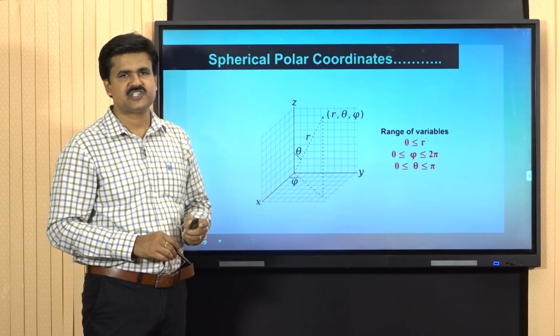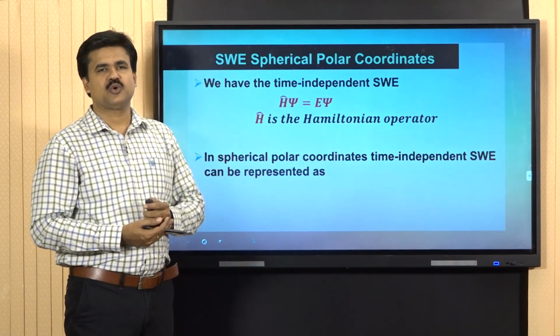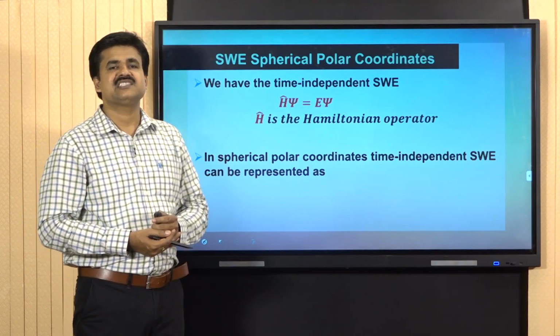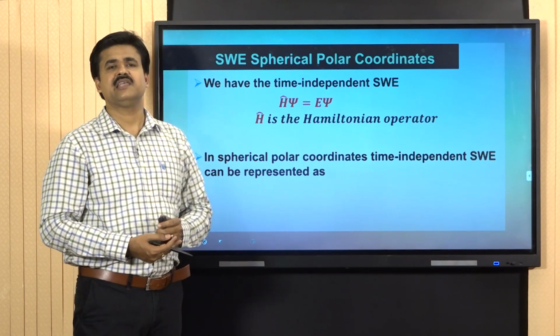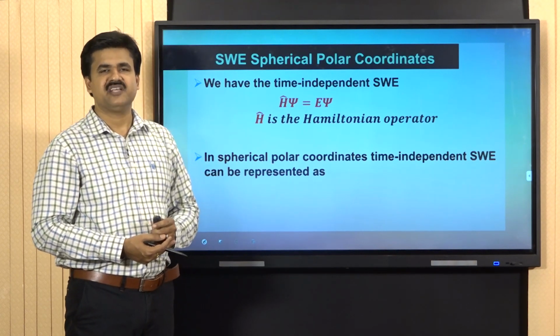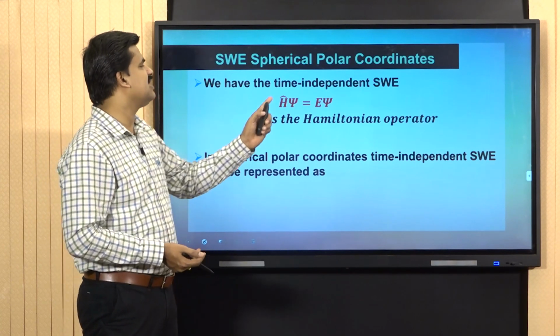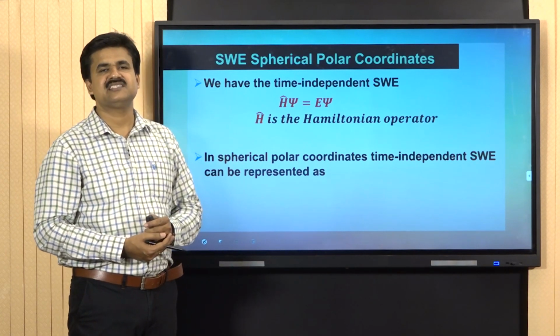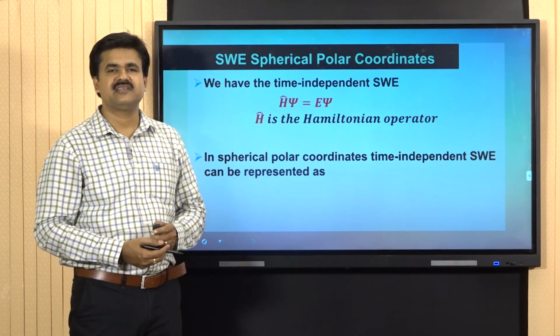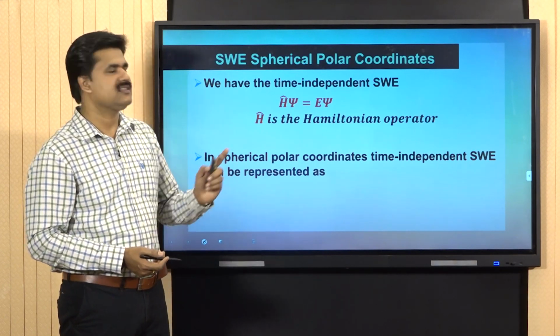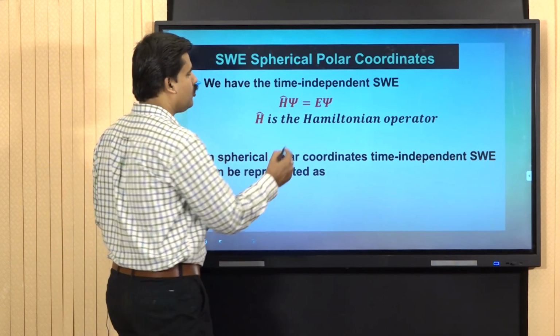That is the situation. Now, the Schrodinger wave equation in spherical polar coordinates. We have the time independent Schrodinger wave equation as H hat psi is equal to energy times psi. It is noted that H hat is an operator, the total energy operator, called the Hamiltonian operator.